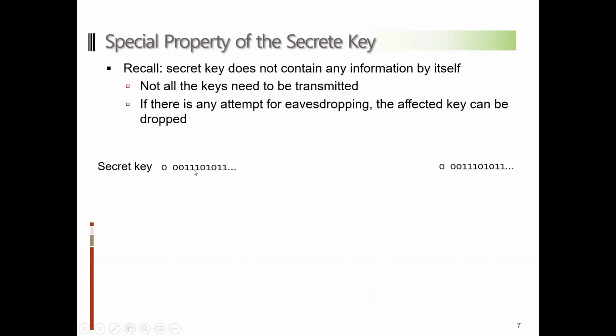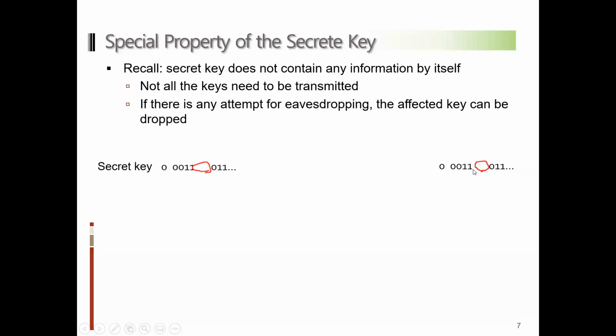And what happens if, during this part, they randomly select some of the generated secret key and compare the sampled values, and during the first part there was no error, but during this interval they detect an increased number of errors? Then they can decide that because there was some amount of error during this interval, they will simply suspect there was some eavesdropping, and they will drop the entire interval.